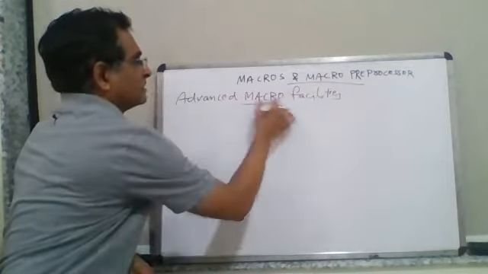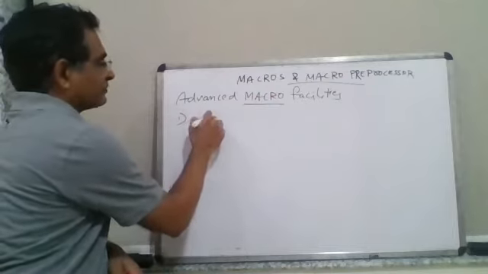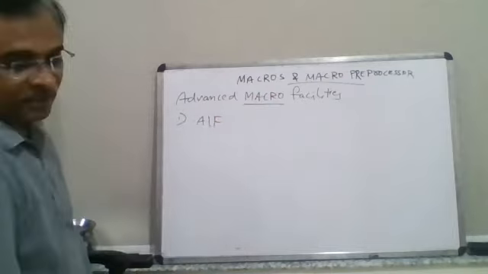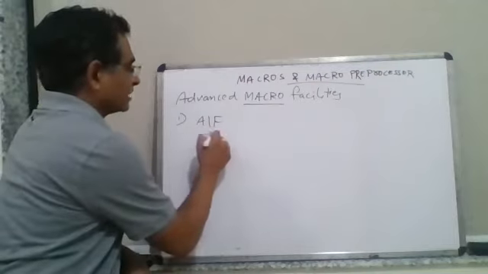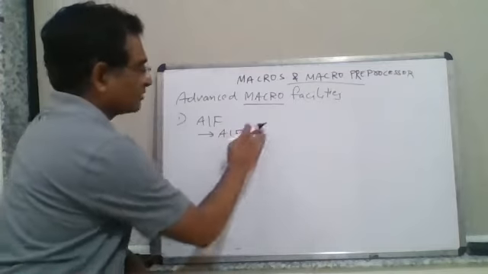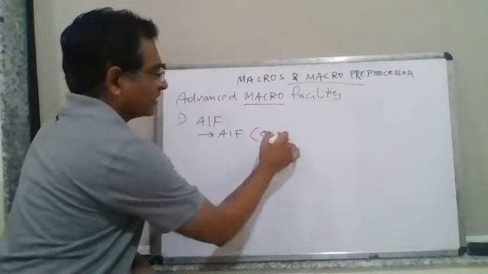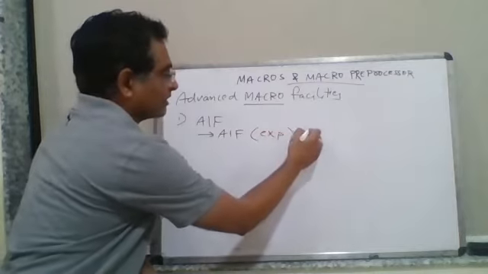So what is the meaning of this? There are a few constructs which are important for you to understand. One is AIF. It is going to be like AIF, then there is some condition which you want to specify. So I can specify here some expression, and based upon the expression there will be a jump.